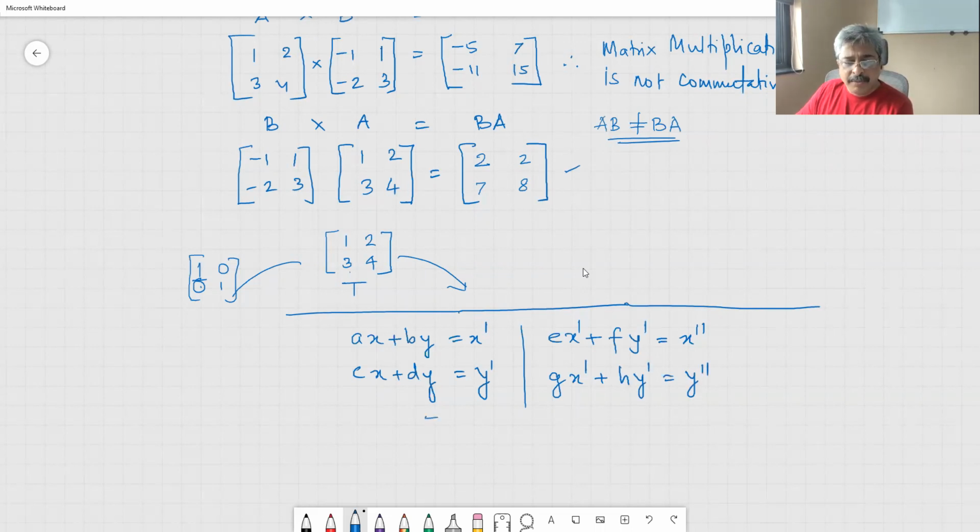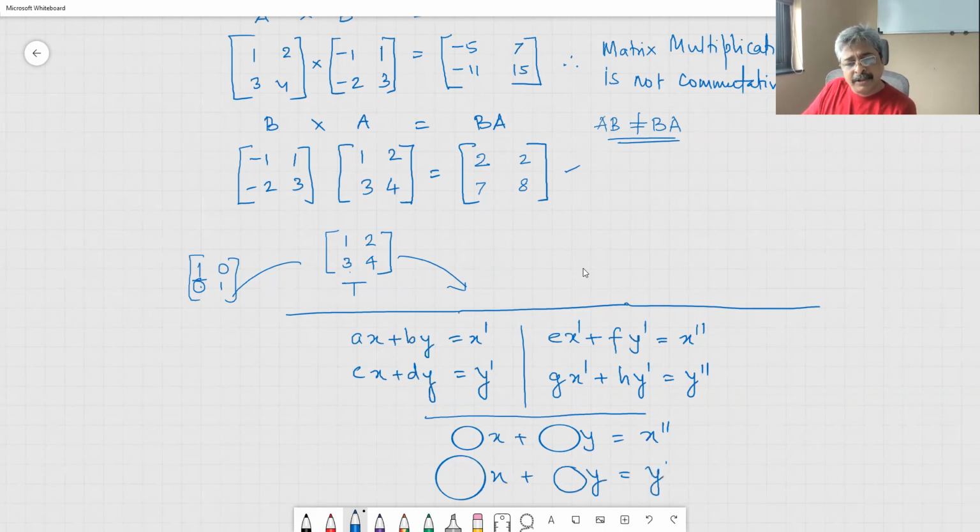Okay, and you are told to find out how many x plus how many y is equal to x double dash, and how many x plus how many y is equal to y double dash. Get me this alpha, beta, gamma, delta.